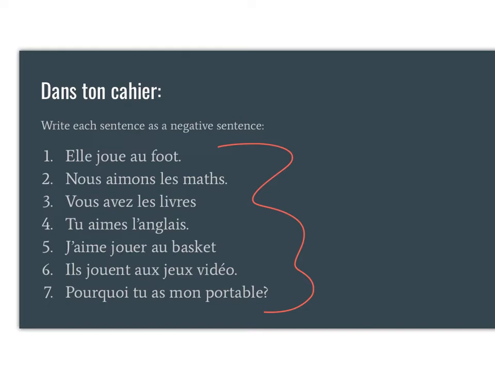Remember that ne and pas have to do what? They have to go around the verb. Hopefully you remember that. Just remember that it has to be like a sandwich. We have ne, and then verb, and then pas.